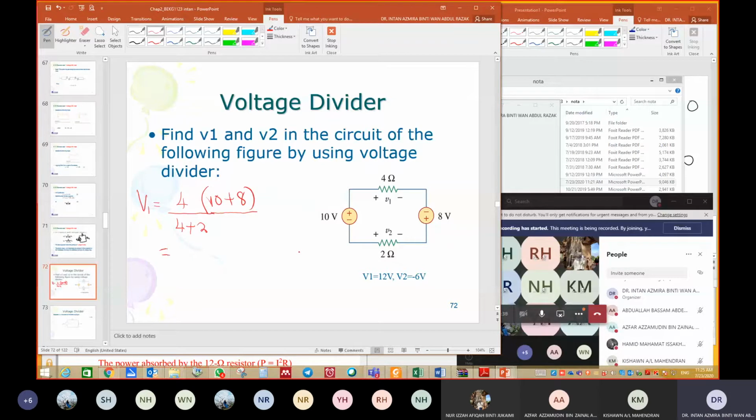So V1 is equal to, calculate it now, 18 multiplied by 4 divided by 6. 18 divided by 6, is that right? 12 volt.